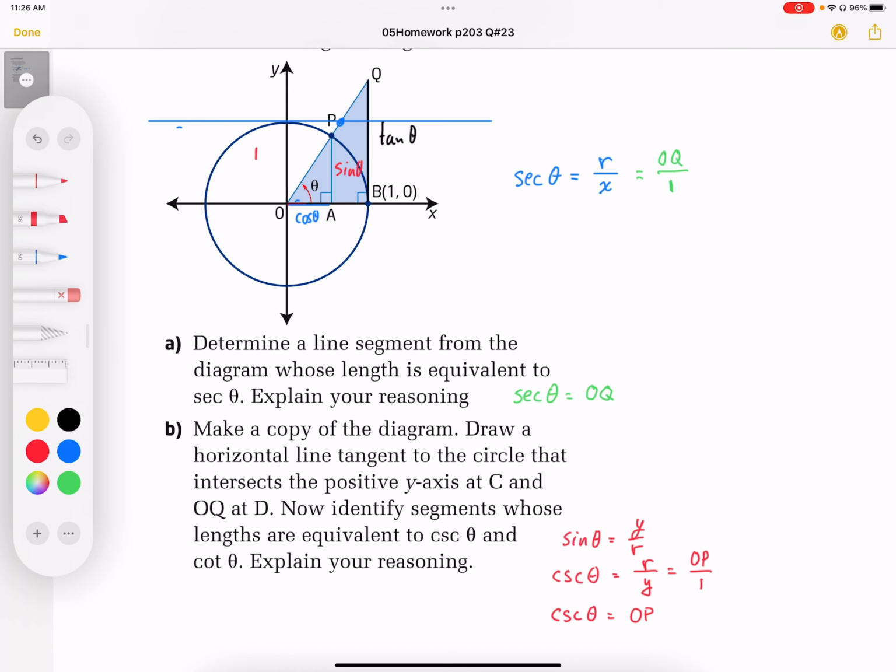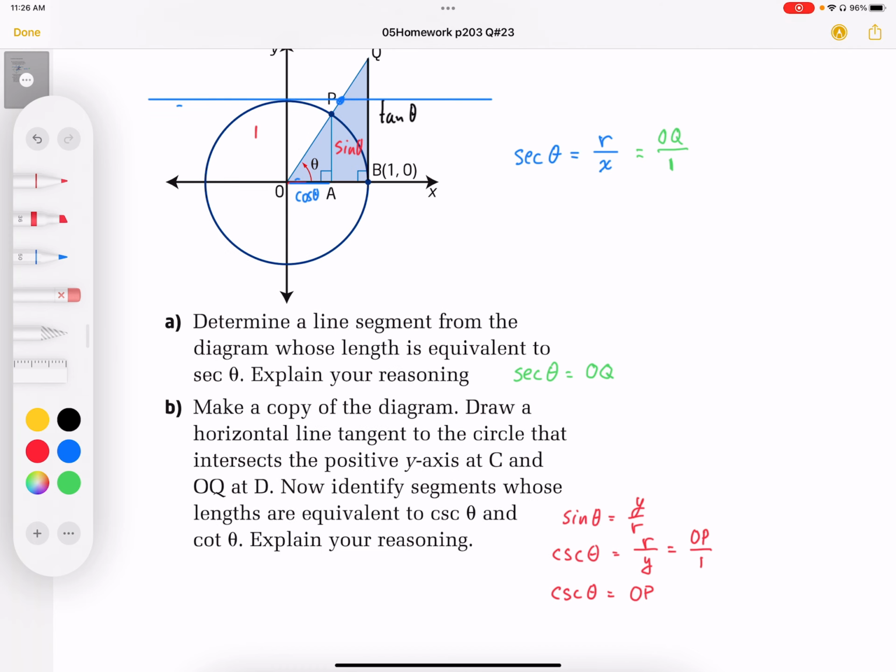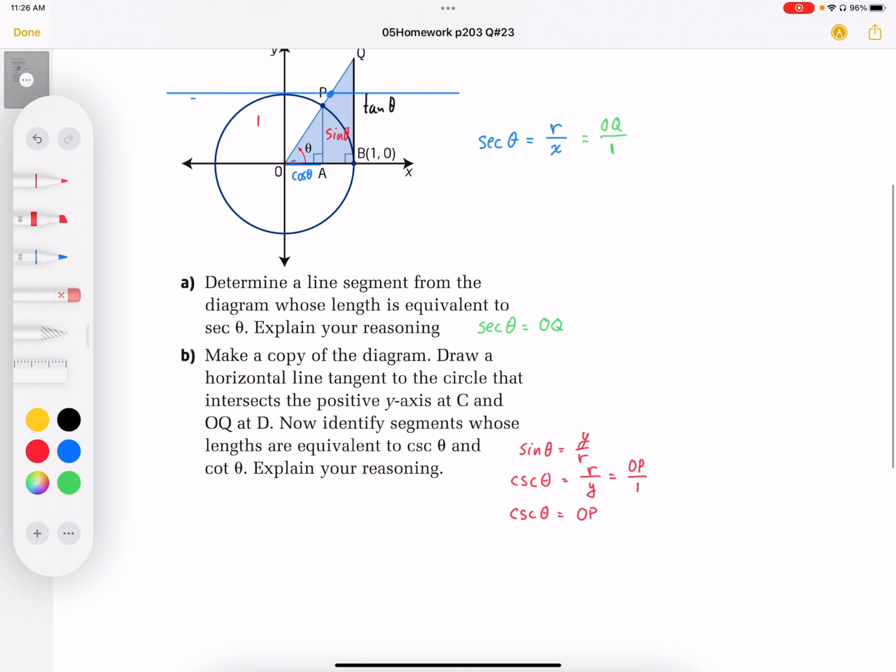And then we're going to do a similar reasoning for the cotan. Before we had the tangent, I'm going to need some room here. So the tangent was defined as the rise over the run. The cotan we're going to define as the run over the rise. And again, we want to have that denominator equal to 1.